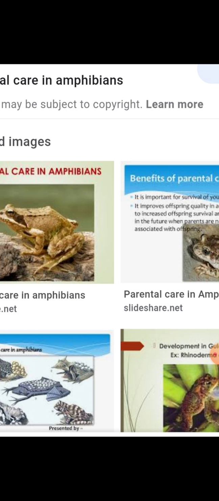Next, the tree nests. Phyllomedusa and Hyla are tree frogs. They deposit the eggs in leaf nests.